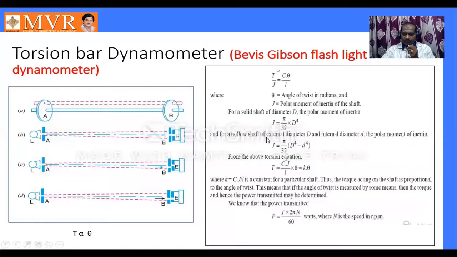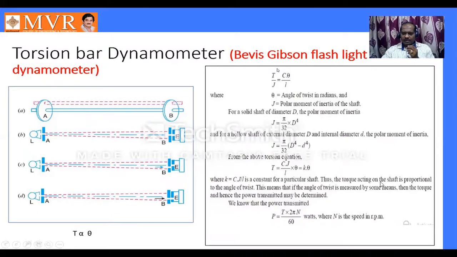For a hollow shaft of external diameter D and internal diameter d, J is equal to pi by 32 into D to the power of 4 minus d to the power of 4. From the above torsion equation, T is equal to CJ by L into theta. CJ by L is a constant, say k, so T is equal to k theta. CJ by L is a constant for a particular shaft.